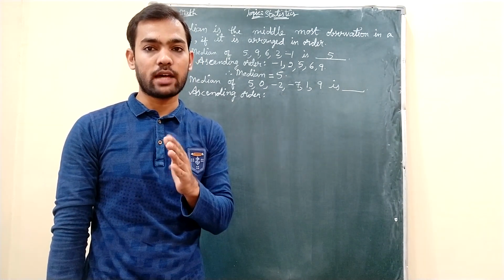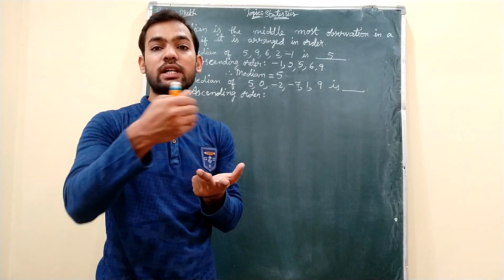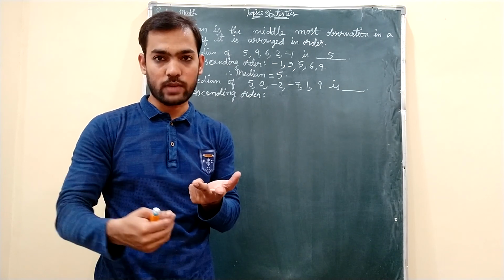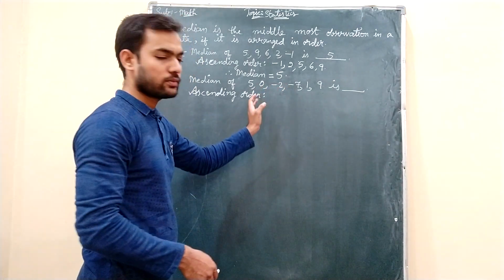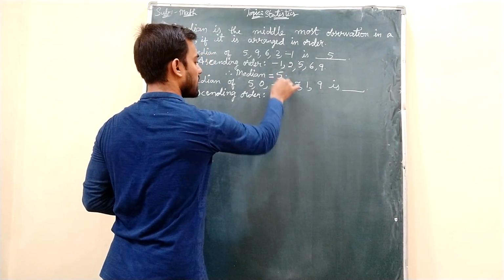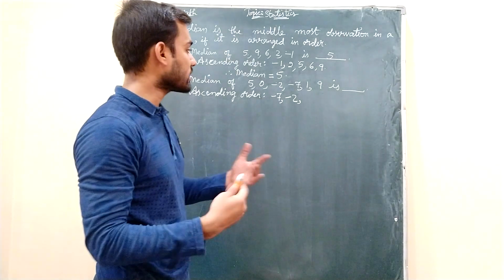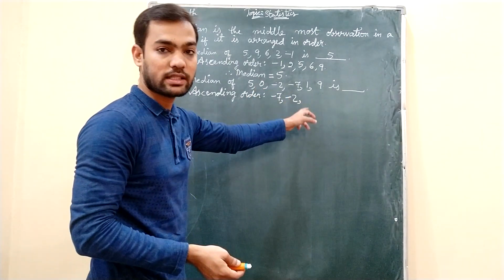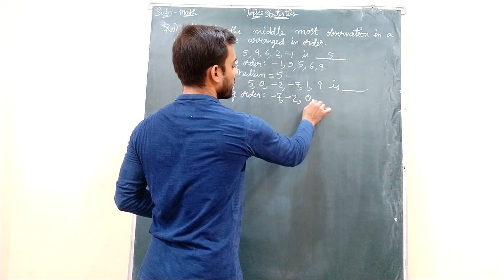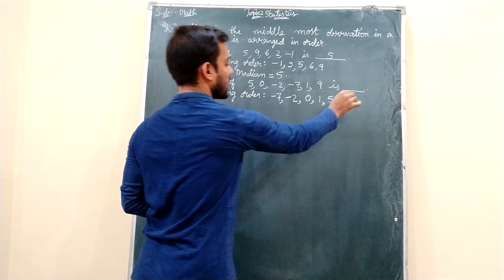Because whenever you have 2 numbers and both are having negative sign, the biggest number has the smallest value. Okay, so this minus 7 comes first, then after minus 7, minus 2, negative values are done. Now positive values, 0 is also there, so that 0 comes, then positive numbers 1, 5, 9.